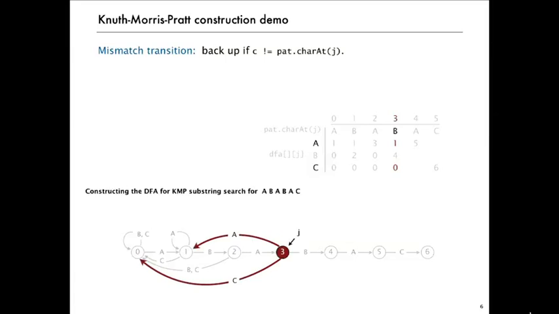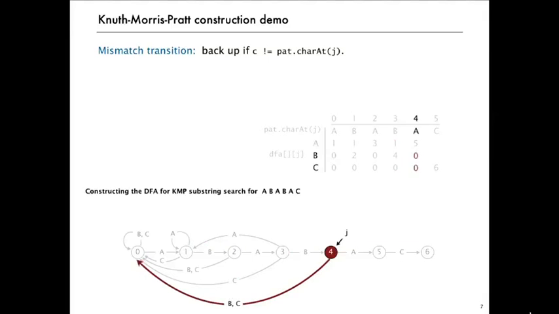In state 3, if you see a B, you succeeded. If you see a C, you go back to state 0. It's not so bad. If you see an A, it's just like before. That's going to be like the first one. So it seems like we're going along pretty fine. And again, if you're in state 4, you see an A, you go to 5. If you see a B or C, then you better go back and look for an A again.